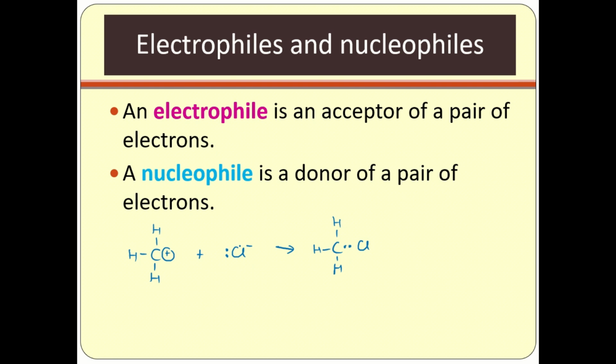The chloride ion has donated a pair of electrons to the carbon. Then this reaction produces a chloromethane. So the carbocation is the electrophile because it is an acceptor of a lone pair of electrons.